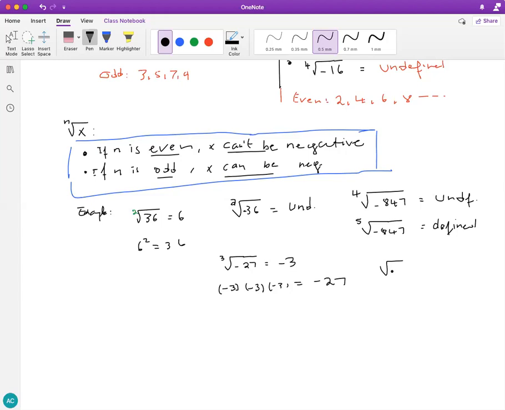What about this one here? Let's say negative, let's say 4 here. Again, is this defined or not?